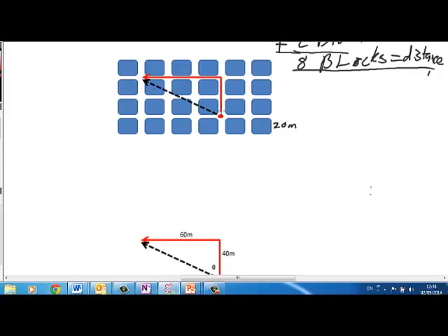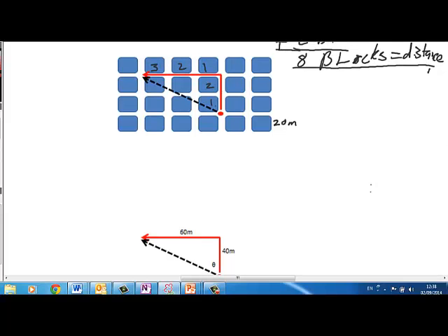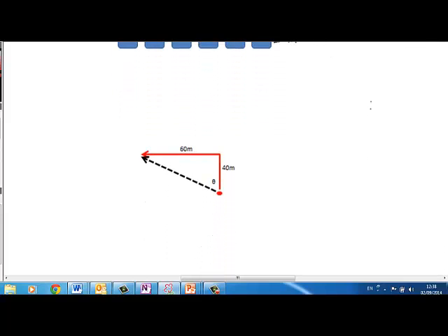And you walk 1, 2 blocks north, and then 1, 2, 3 blocks west. So if this is 20 meters each, that's 20, 40 meters, and then 20, 40, 60 meters. Just like this triangle shown down here.